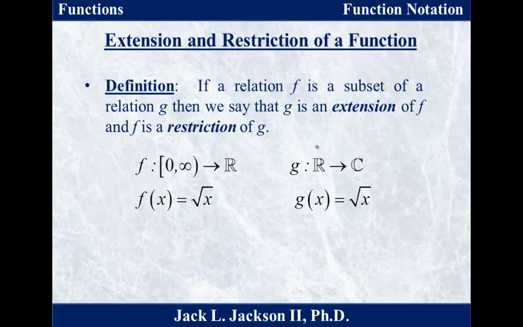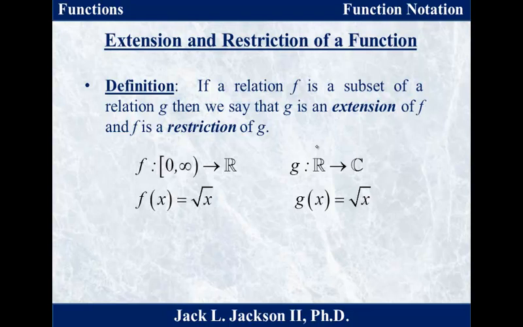Now, on the other hand, if we think of starting with G and starting with all real numbers for the input and allowing complex numbers for outputs, and we want to cut it back to a smaller domain, that's called a restriction. So we start with G and we restrict the domain to be not all real numbers, but only the non-negative real numbers, the interval from 0 to infinity.